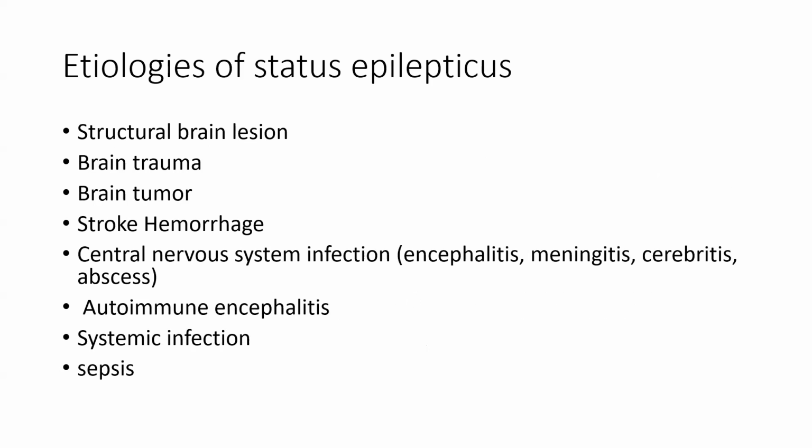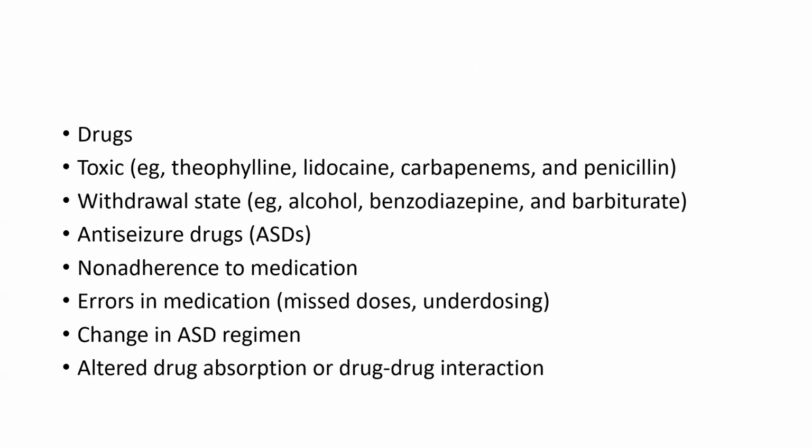Now, the etiologies of status epilepticus: structural brain lesion, brain trauma, brain tumor, stroke, hemorrhage, then central nervous system infection, then autoimmune encephalitis, systemic infection, and sepsis. Then drugs and toxins such as theophylline, lidocaine, carbapenem, and penicillin. Withdrawal states like alcohol withdrawal, or withdrawal from benzodiazepine and barbiturate.